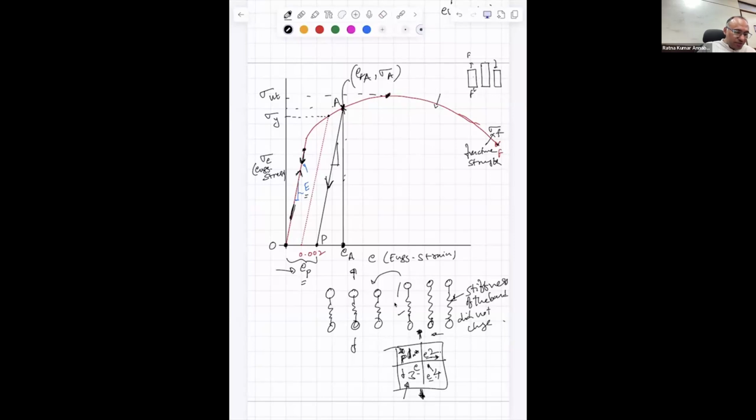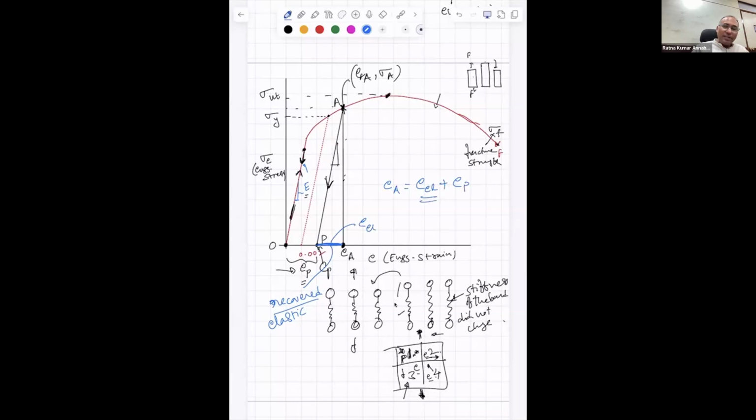But when I have unloaded, this is the plastic strain, εP. Meaning, during unloading, this much strain is recovered. That is what we call elastic recovery, elastic strain. That means so much of elastic deformation is there in the total deformation. So the total strain εA can be written as elastic strain plus plastic strain. And this is my elastic strain.